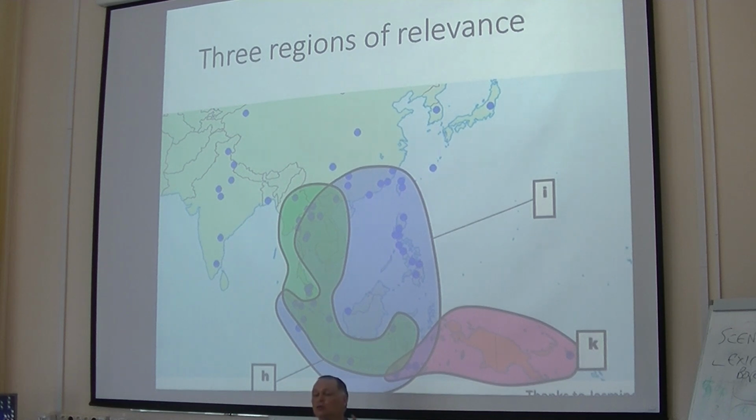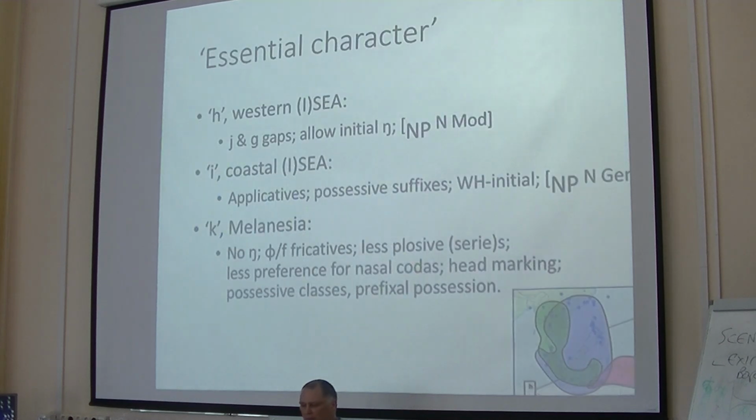H, I, and K are not coherent linguistic entities, they're not coherent social regions, but they are showing some human genetic coherence. The big point is, we can find linguistic traits corresponding to those genetically defined regions. So H, which is the green there, have a gap for a J and a G. They have ba and da, but no ja and ga.